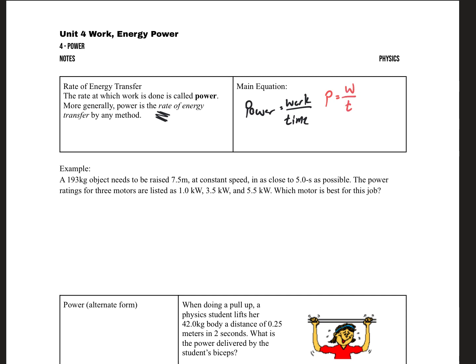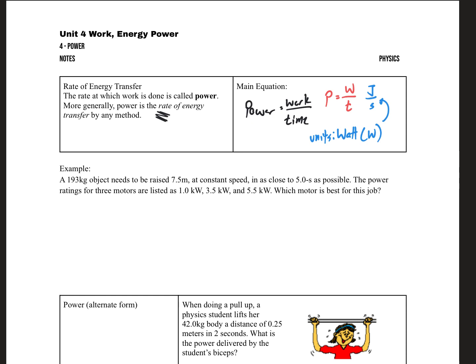This is kind of tricky, kind of confusing, because the unit of power is a watt, or a capital W. The unit of power is a watt. It is a joule per second. That's what a watt is.